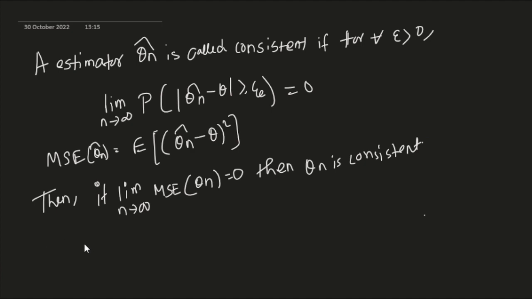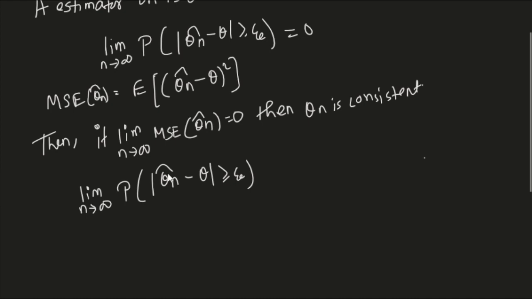We see that this thing right here, we can obviously understand, is less than or equal to the variance and bias, right?